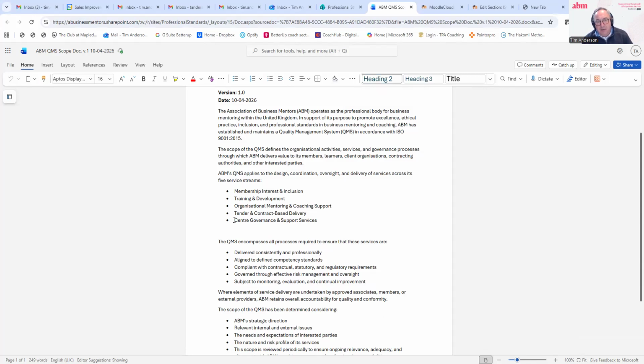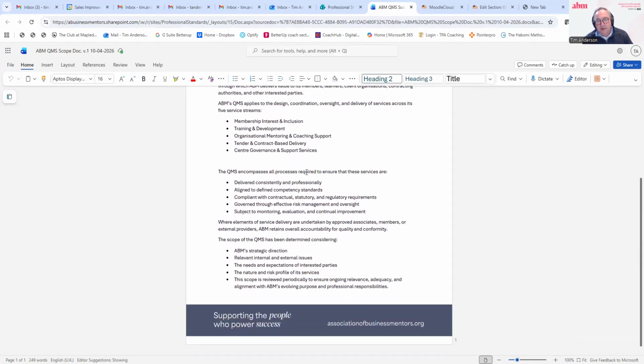And the QMS encompasses all processes required to ensure that these services are delivered consistently and professionally, are aligned to defined competency standards where applicable, compliant with contractual, statutory, and regulatory requirements, and governed through effective risk management and oversight.